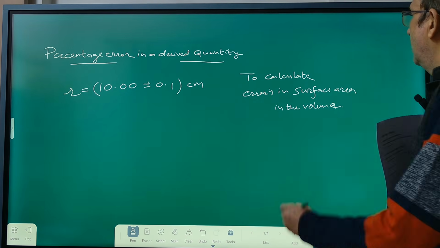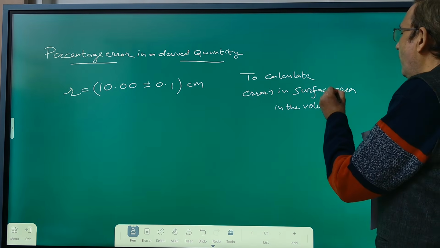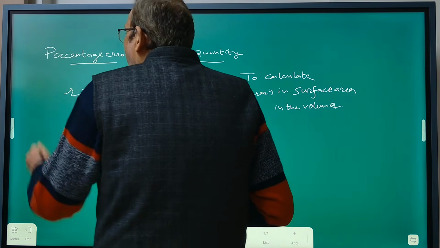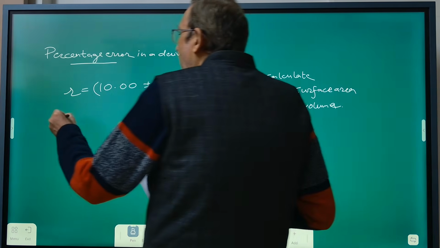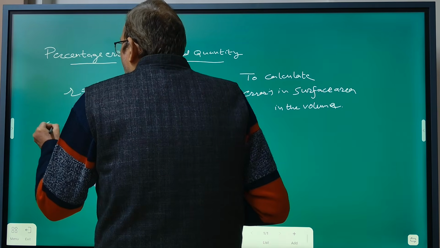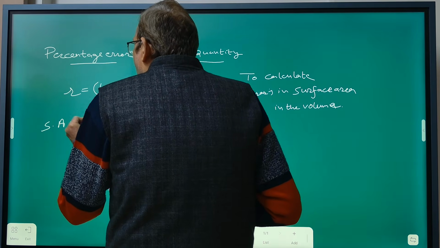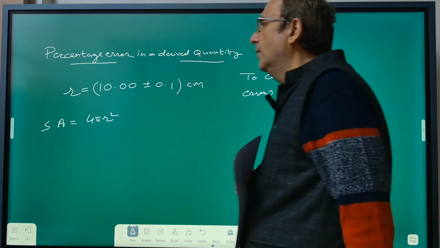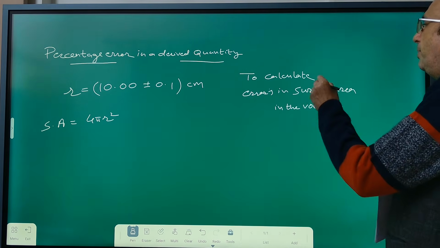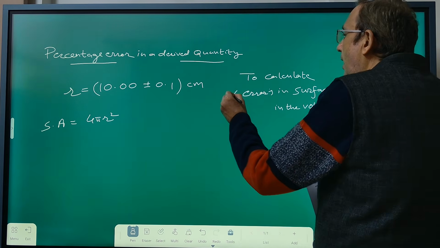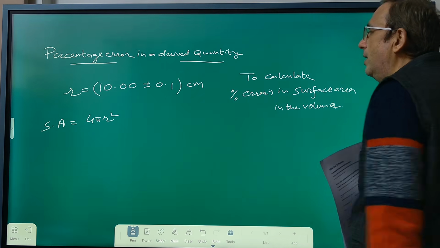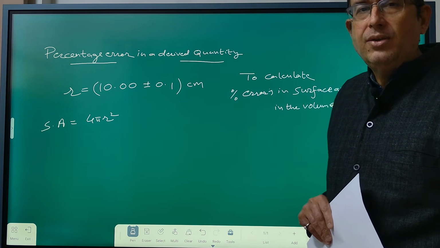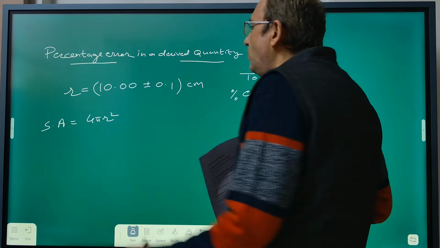So to calculate the error in surface area, you know that the surface area of a sphere is given by 4 pi r square, and you need to calculate the percentage error, okay, not the absolute error but the percentage error.